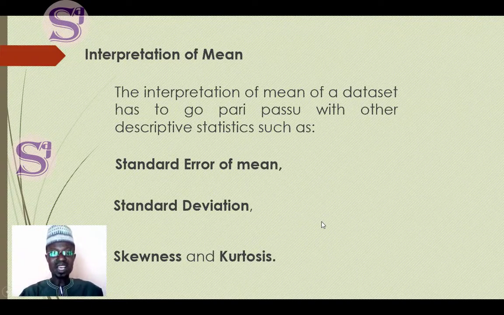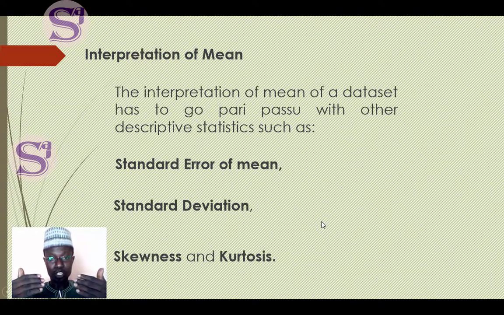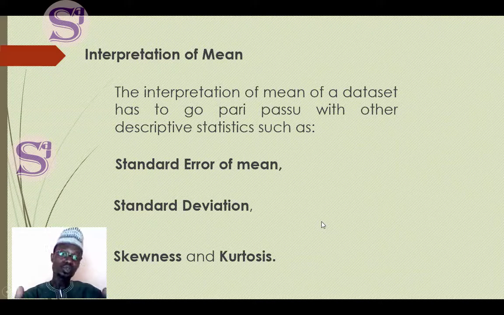These are other descriptive statistics that we can use in pari passu with our arithmetic mean, geometric mean, harmonic mean, or even the weighted mean, so as to describe our entire data set.